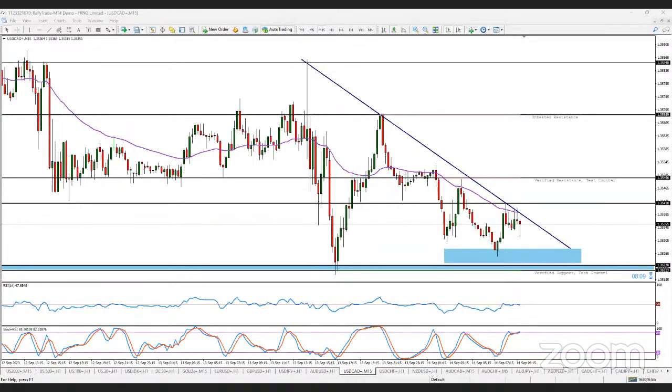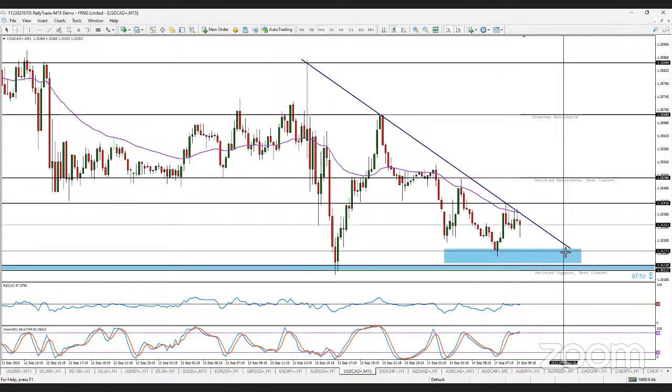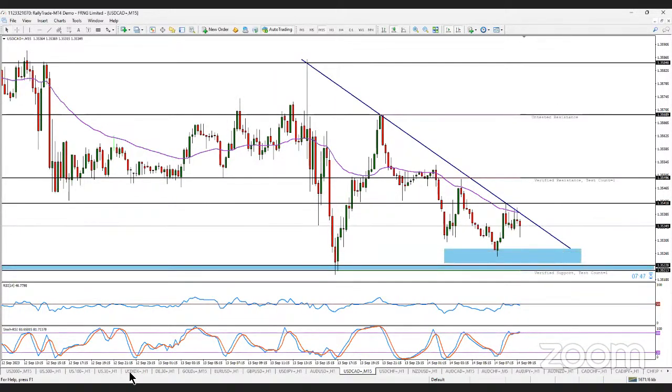USD CAD, sell at CMP, current market price. Take your profit at 1.35272 for the sell on USD CAD.